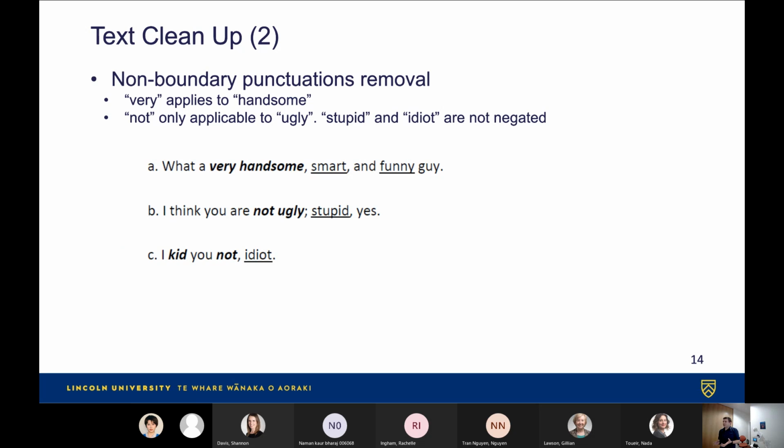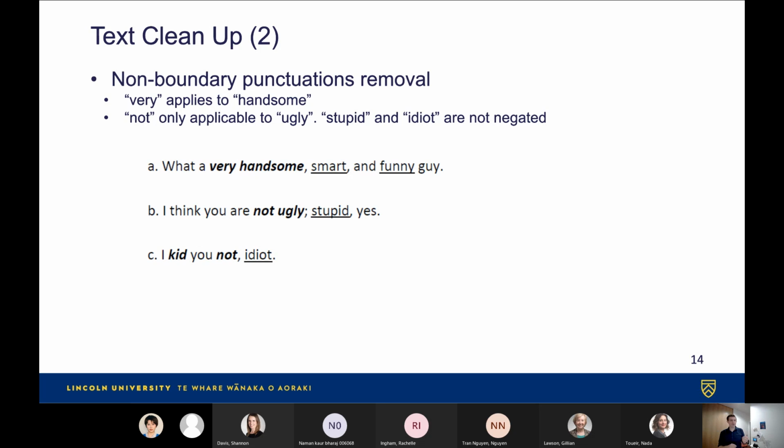The other thing is that words by themselves are not enough. We often use modifier words to enhance the meaning, and sometimes to negate the meaning. And so the next stage is working out which phrases belong together.